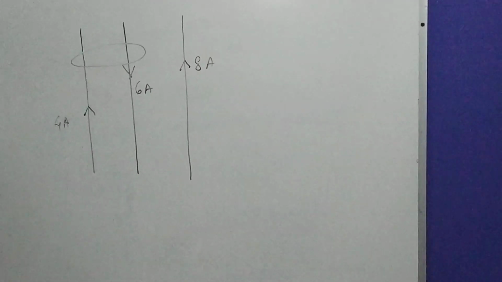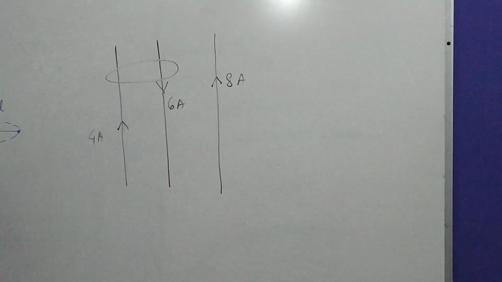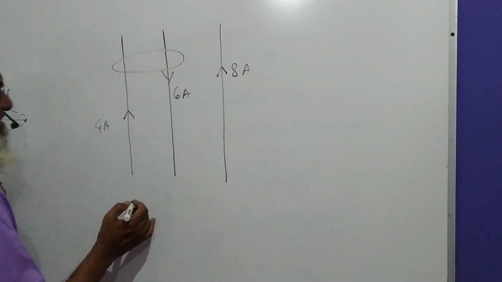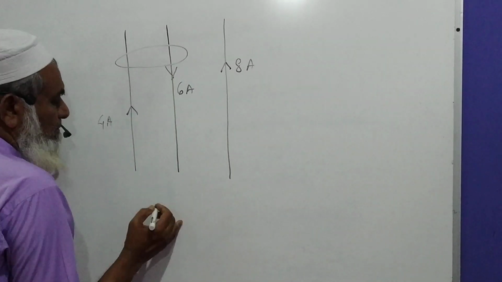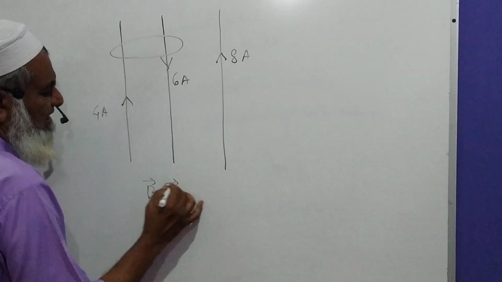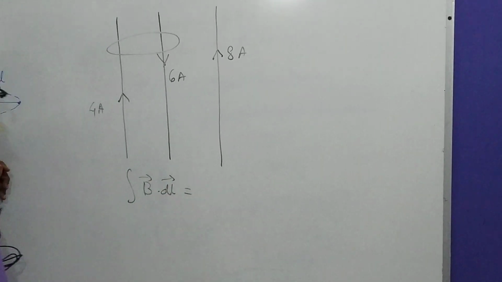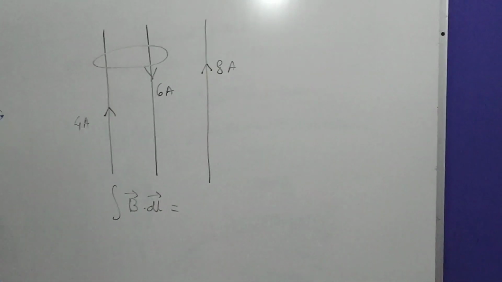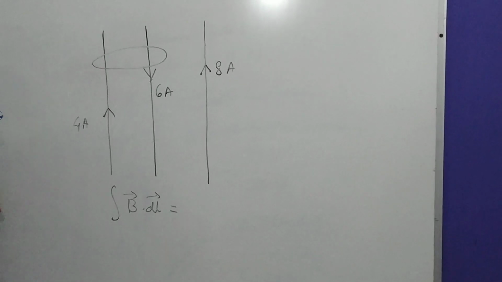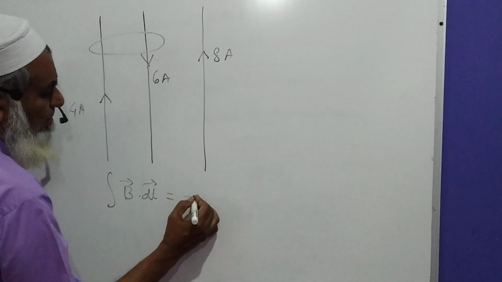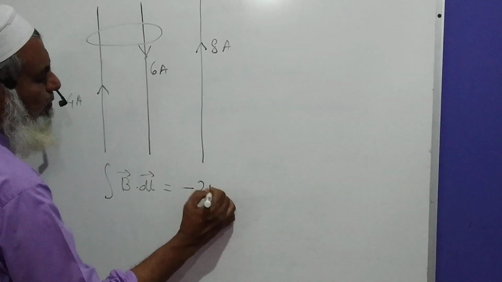Then he asks you to tell what is the magnetic induction over the closed loop. So I can write B dot dl, that is the line integral, is equal to mu naught times I. Now I consider upward going current as positive and downward current as negative, so that makes it 4 minus 6, that is minus 2 mu naught.